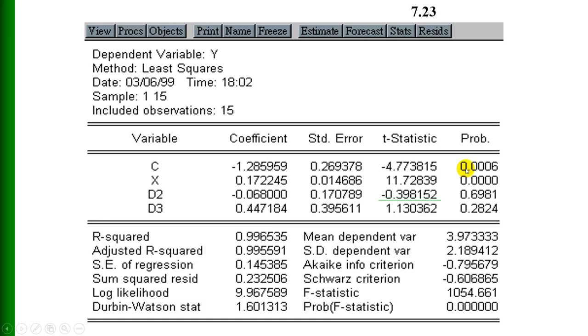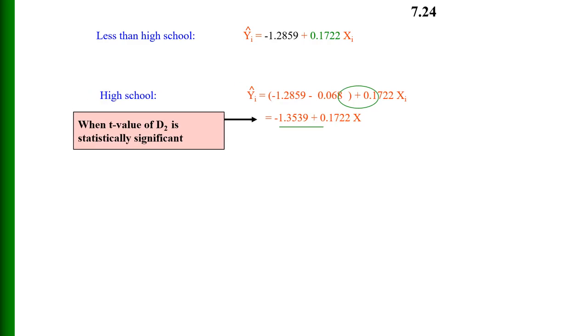because its p value is less than 0.05. The coefficient of x is also significant because its t value is 11.73 and its p value is 0.000, but the coefficients of these two dummies are not significant. So it means that there is no difference in the intercept of these three categories. The less than high school regression is this.